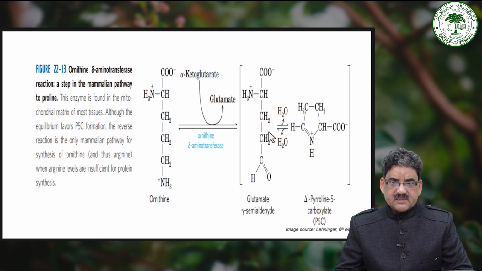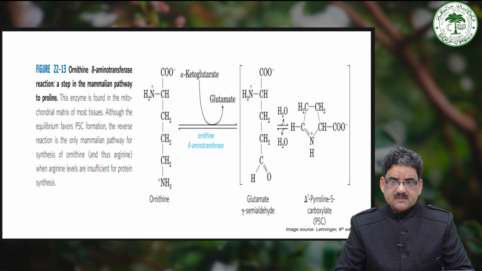The resulting semialdehyde is spontaneously cyclized to form 1-pyrroline 5-carboxylate. Subsequently, 1-pyrroline 5-carboxylate is further transformed into proline, completing the proline biosynthetic pathway.